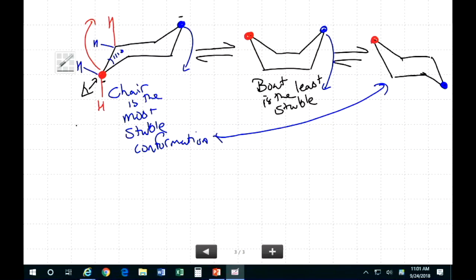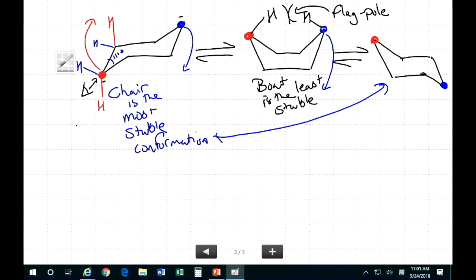So the boat is the least stable conformation. The reason for this is mainly this flagpole interaction. Again, we went super hard nautical on this.